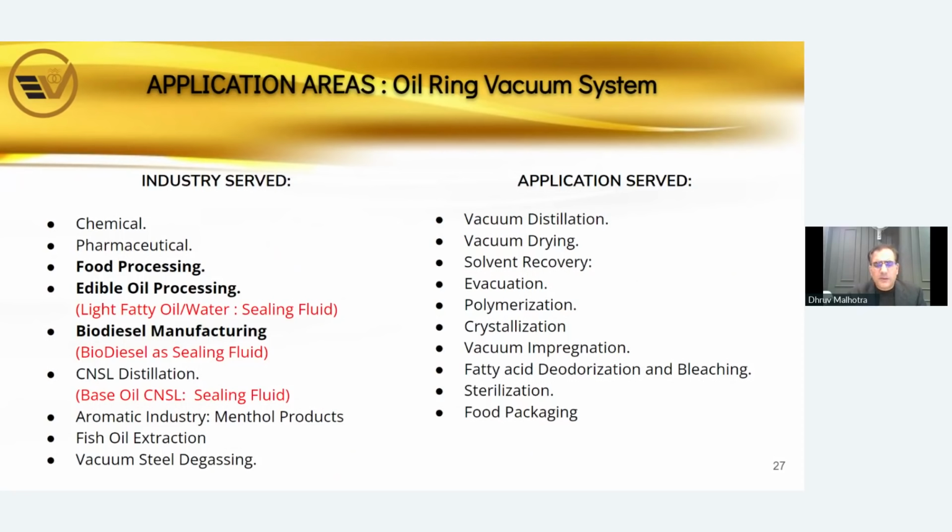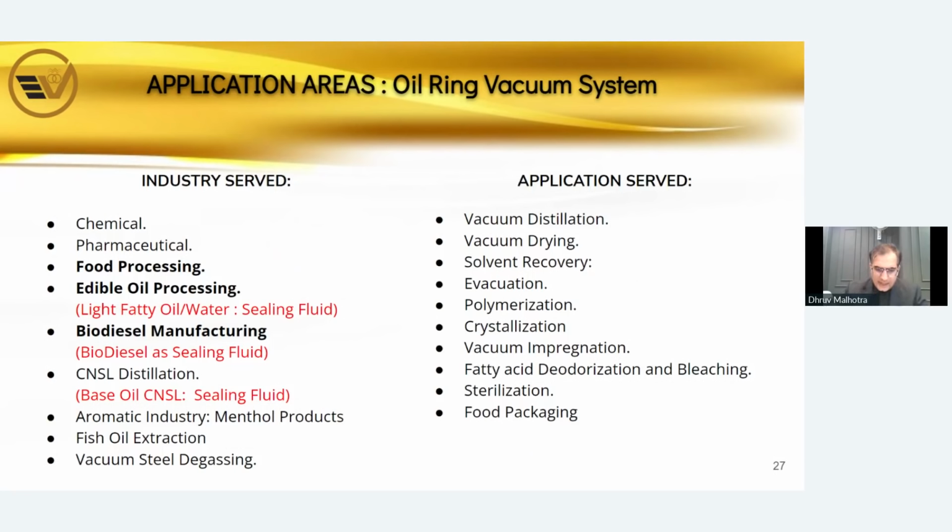They can be very popular in biodiesel. They can be very popular in CNSL distillation. Of the various applications that they can serve, we have vacuum distillation being the most common, but not the limiting one. You can have all these other applications also that can be served with this type of vacuum system.